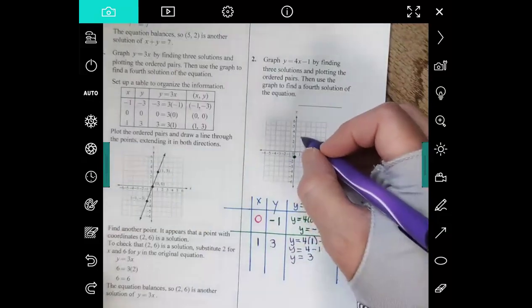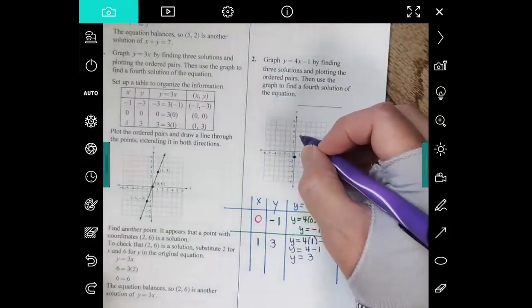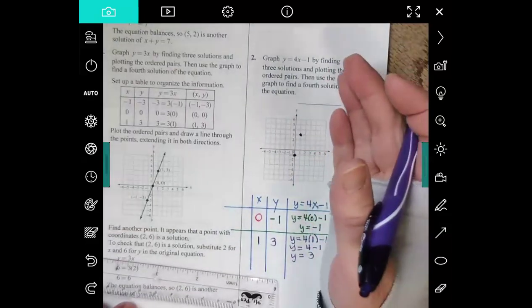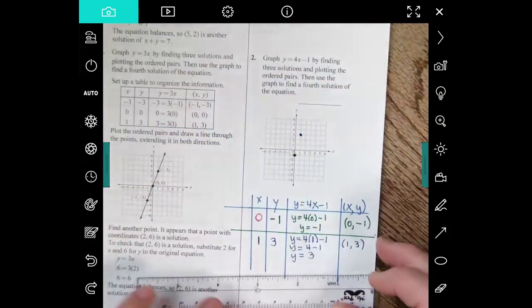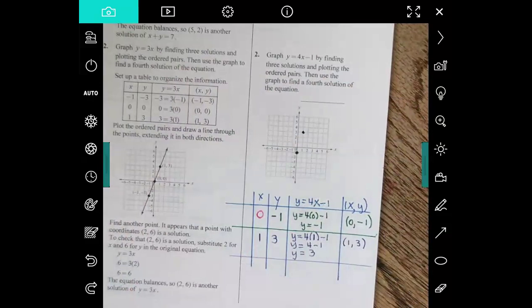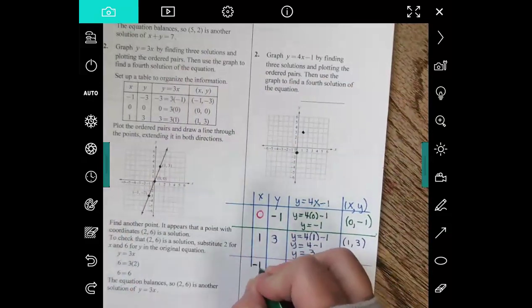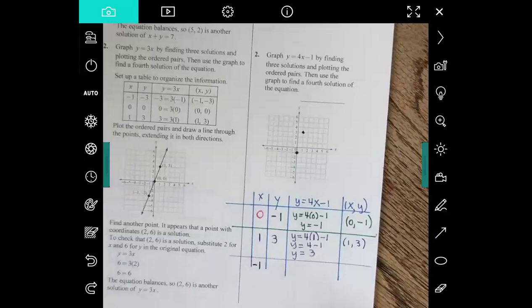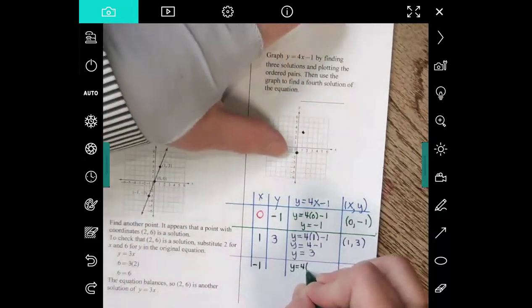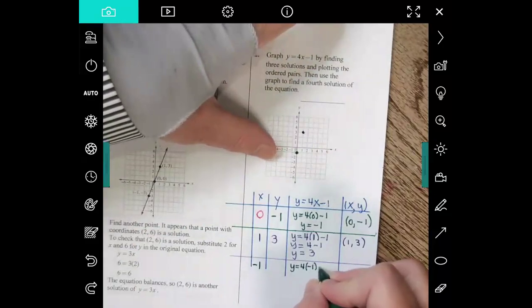1, 3. Now I kind of like to put a negative in just so I have something on the right side, on the left side, and at 0. So that's what I'm going to do next. Let's do -1. Why not? It's probably the easiest. Let's put -1 so we have something on that side. So y will equal 4 times x minus 1, and I chose -1.